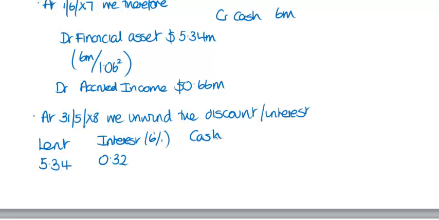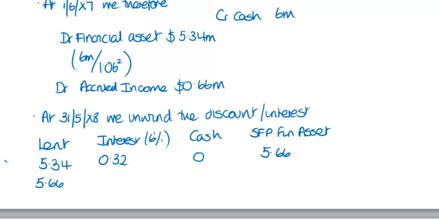How much cash are we going to receive? We're going to receive nothing because the employees are paying us no interest. So our SFP financial asset is 5.66 million.